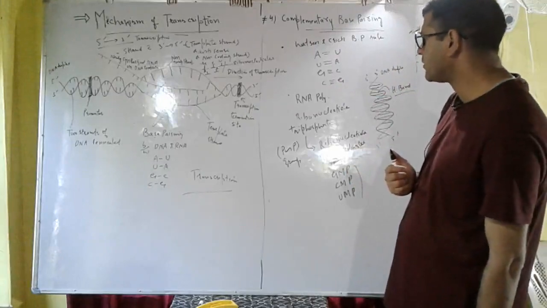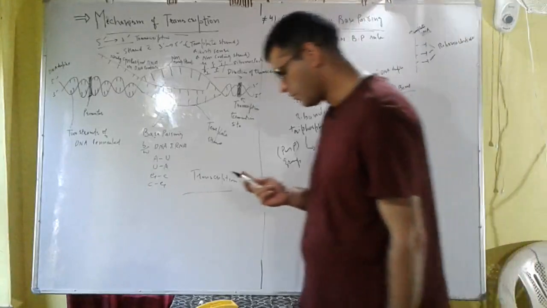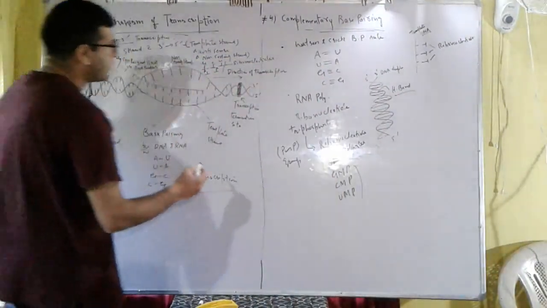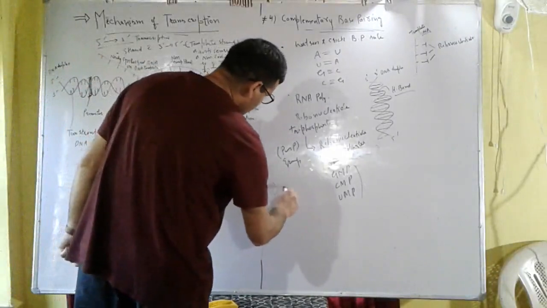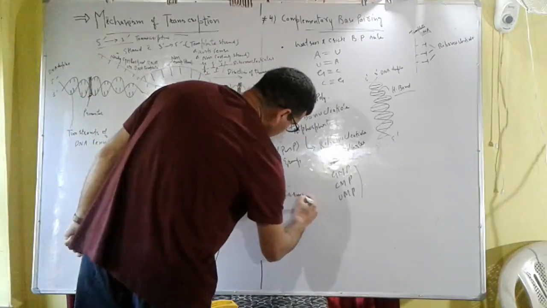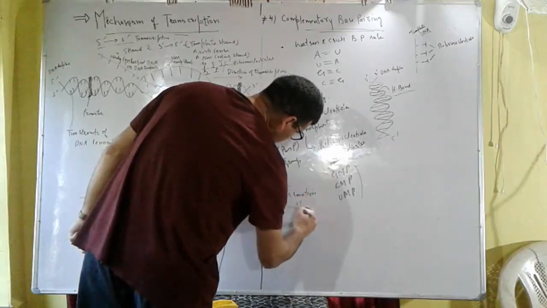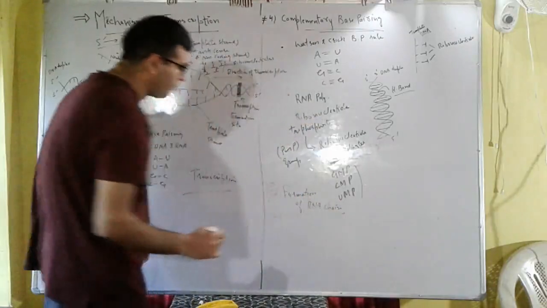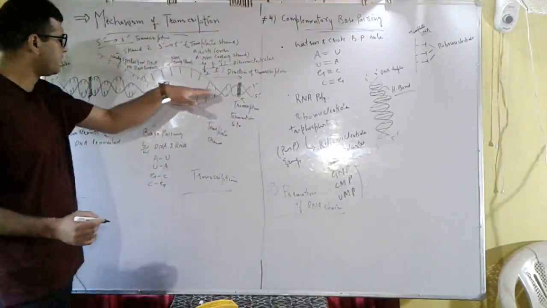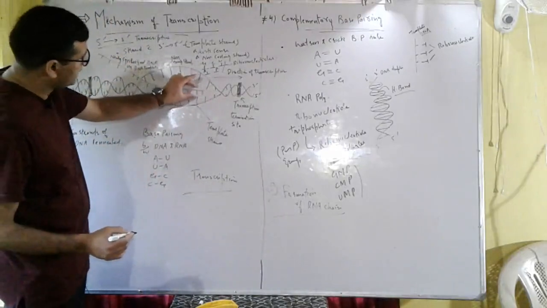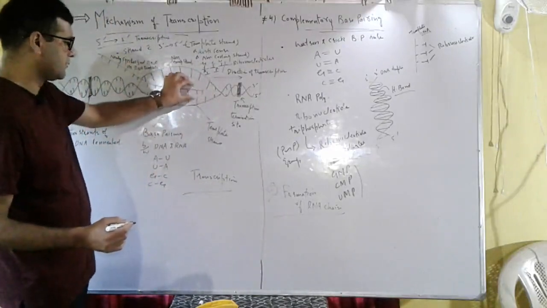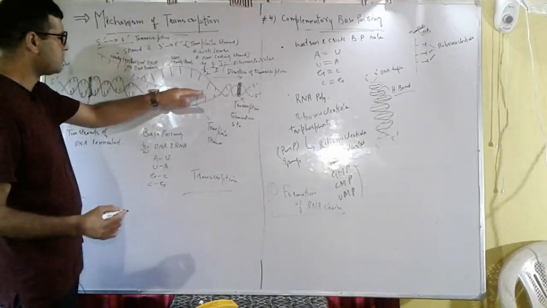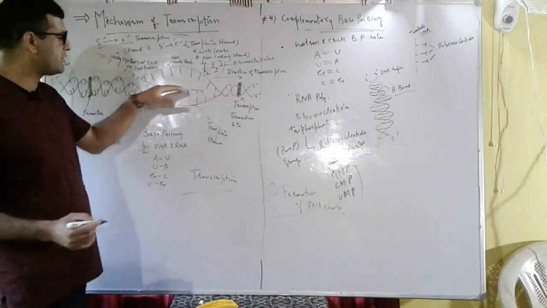Then we have another important point, the fifth point, formation of RNA chain. We know that this RNA polymerase links the free ribonucleotide monophosphates and ultimately forms the continuous RNA chain.